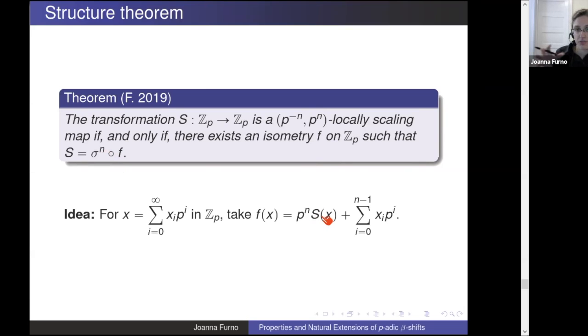Shift your transformation down to make some room for some digits that are keeping track of the digits at the beginning to keep you 1-to-1. And so this isometry will be invertible. There are probably lots of other isometries you could take, but this is the one I used in the proof. It's easy to work with.